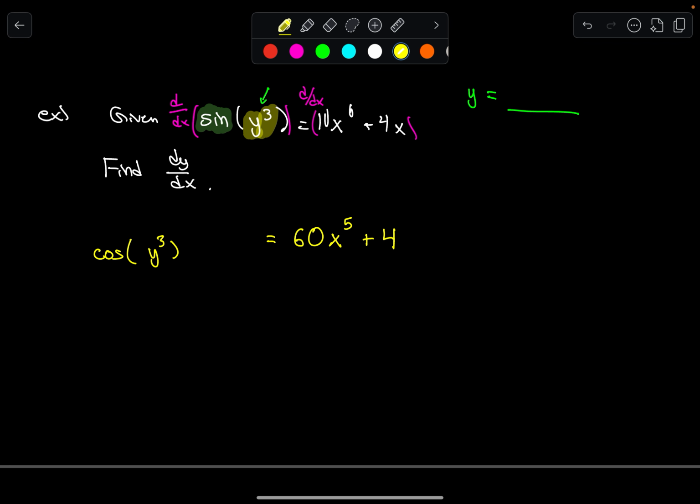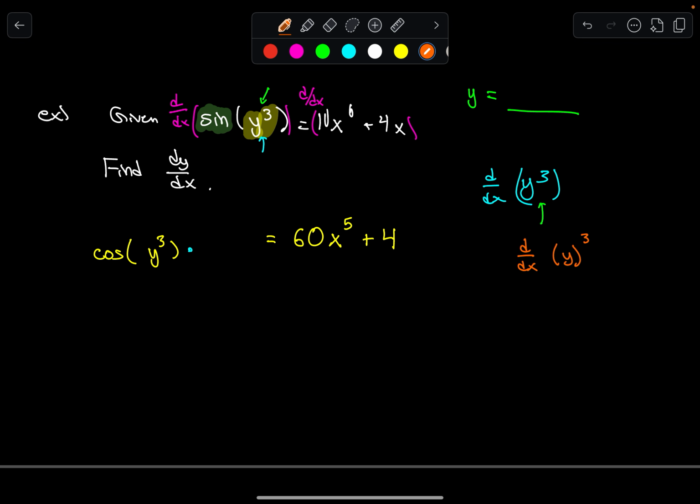But then we have to multiply by the derivative of y cubed. And we have to remember that the derivative of y cubed also involves the chain rule. A more appropriate way to write this would be y raised to the third power. The chain rule always exists.